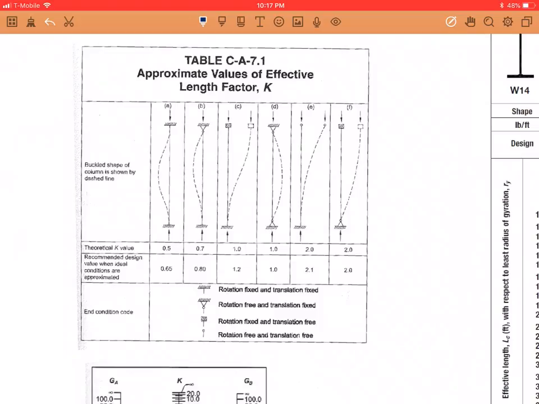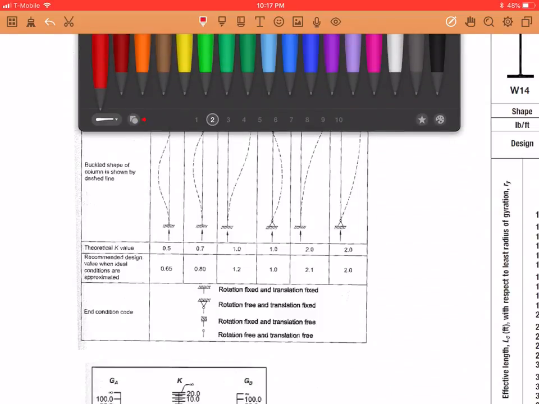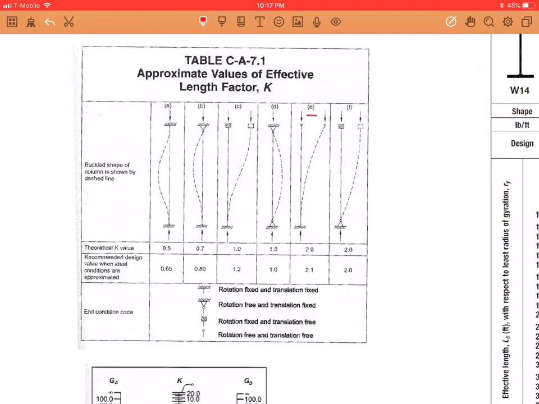For this example, I think we would perhaps categorize it as somewhere between case E and case F. Although now I think I'm misremembering a little bit. I think it might be somewhere perhaps between C and F.